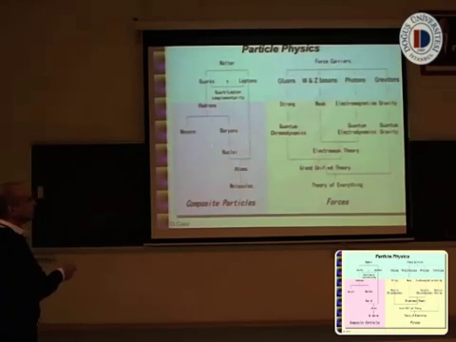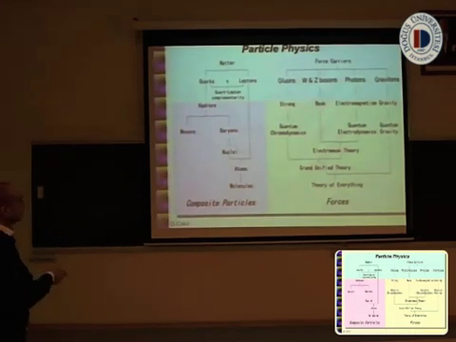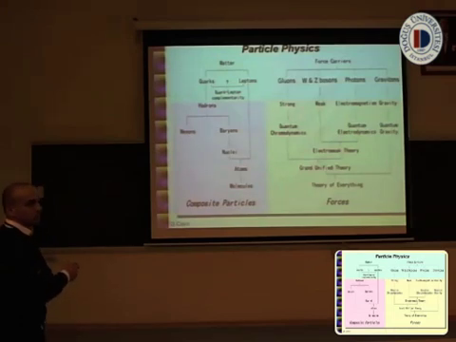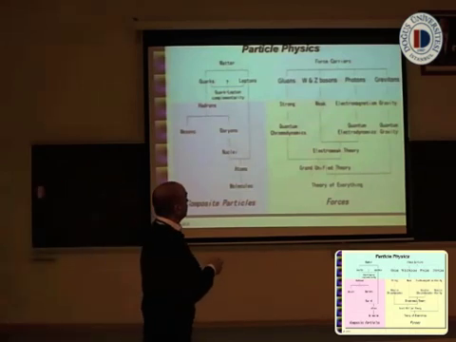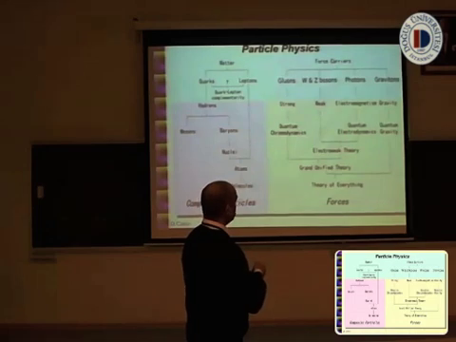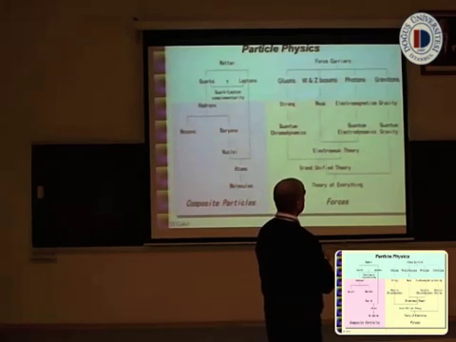Baryons can combine into nuclei, and then the atoms and the molecules. If we go this way, we have composite particles. They are all composite particles. Quarks and leptons at this level are not composite, they are elementary. We have four force carriers here: gluons for the strong interaction, W and Z bosons for the weak interaction, photons for the electromagnetic interaction, and the graviton for gravity.